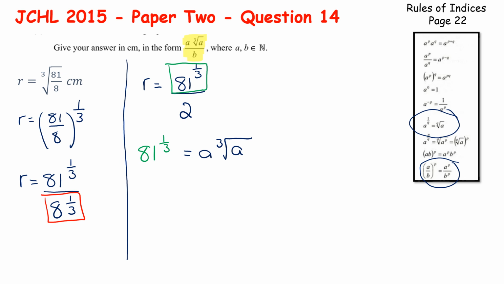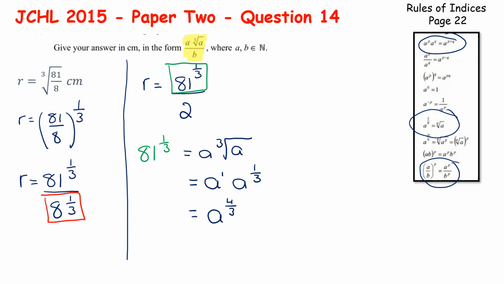We're able to make a little equation and then let the powers equal when we get the bases to look similar. So one way you could do this is to break the right hand side as a to the power of 1 and a to a power of a third. So this is going to be a, using law 1 here, 1 plus a third, which is 4 over 3.